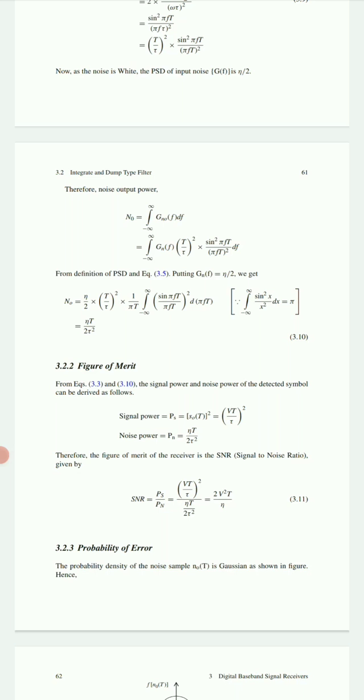You can solve that equation, and you will get eta T upon 2 tau squared, where eta is the noise density and tau is the time constant.